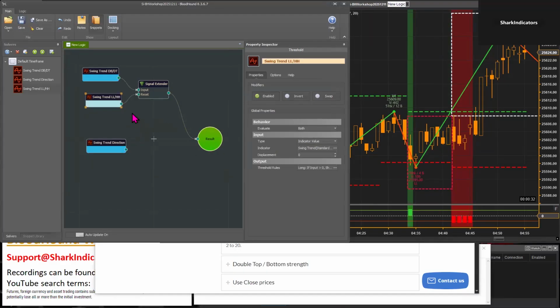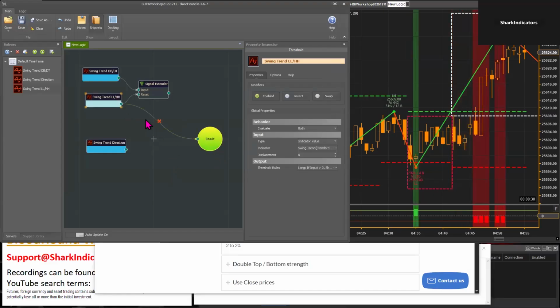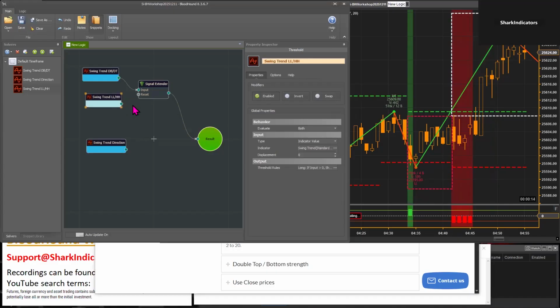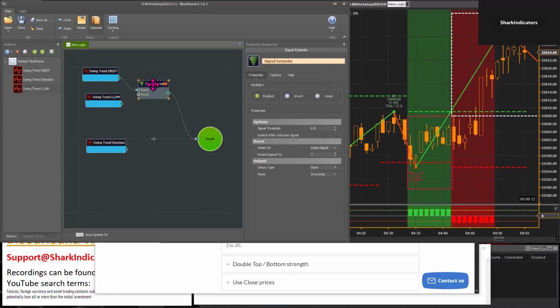Sorry, we're looking at the wrong node here. There we go. So this lower low is now outputting a long, and higher highs are outputting a short. And here's our signal extender without a reset.